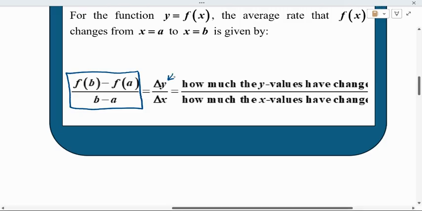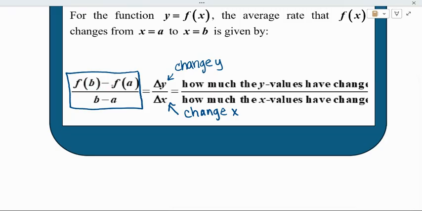This right here says the change in y over the change in x. That little delta symbol means change. But I want to talk about this: f of b minus f of a over b minus a.